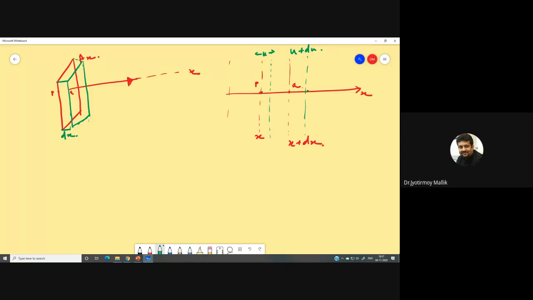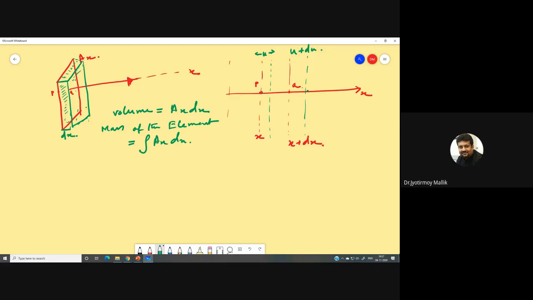Now, if I ask you, what would be the volume of this small body that we have just drawn? The volume of that body will be Ax dx, area multiplied by thickness, and the mass of that element will be rho Ax dx, if rho is the density of the medium. Okay.